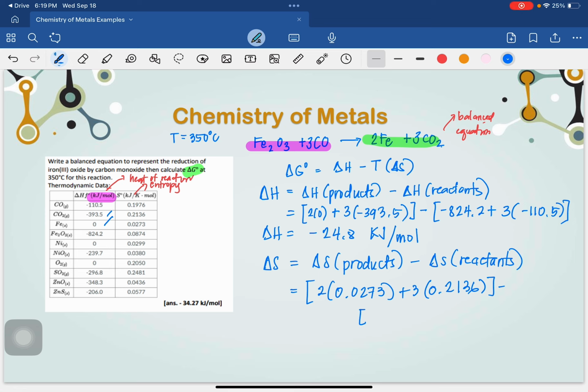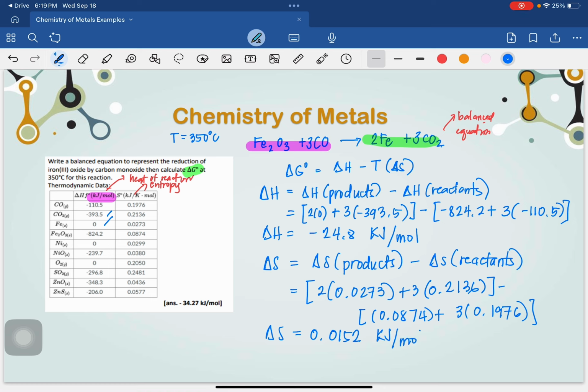So that will be, there's my minus sign there, 0.0874 plus 3 times 0.1976. And if we're getting delta S now, again, using our calculators, what I got is 0.0152 kJ per mole.